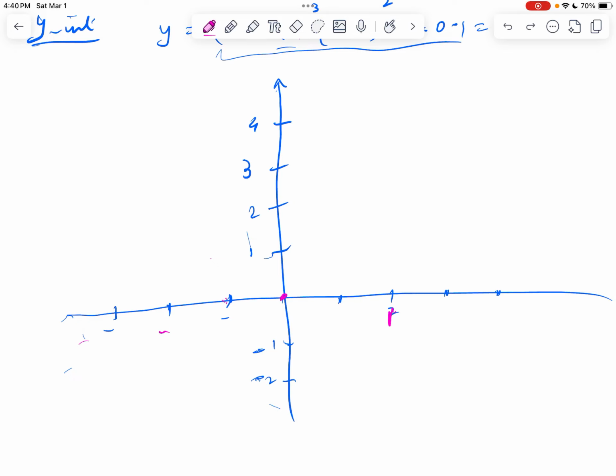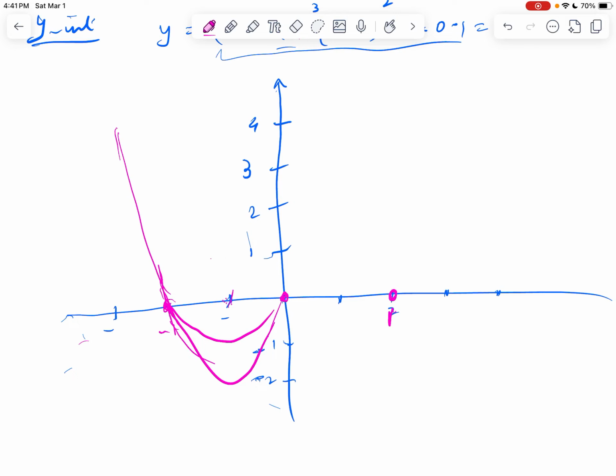Okay, so now we have this as our 0 and this is 0 and this is 0. So we make this come like this, pass it through this 0, goes down. Now you can also plug -1 in your function and try to see what the value is so that you can get an idea. Do I have to turn from here or do I need to go a little bit here? Although if you do any of these things, it should be okay. You won't lose points. So if you didn't find the value at -1, that's not a big issue.